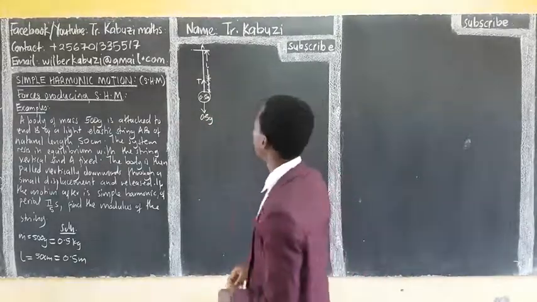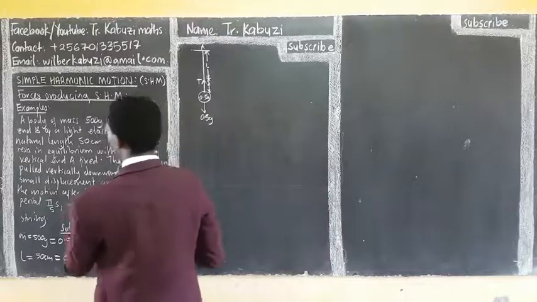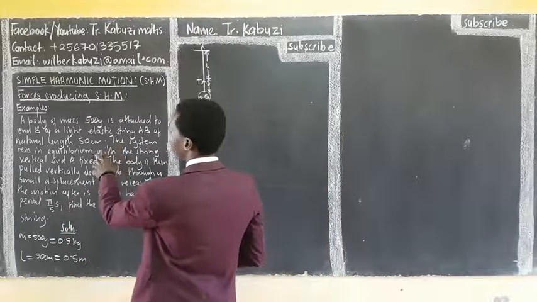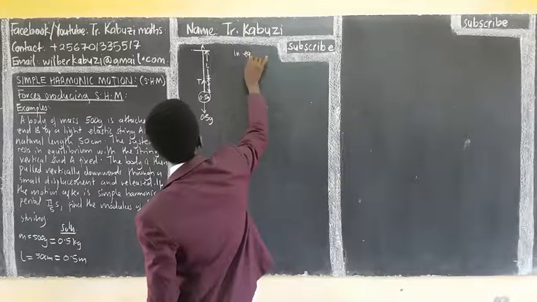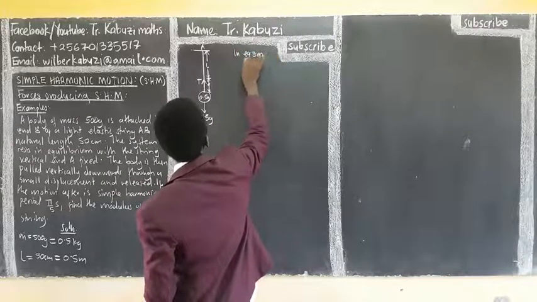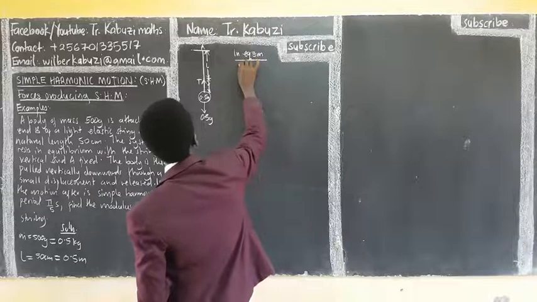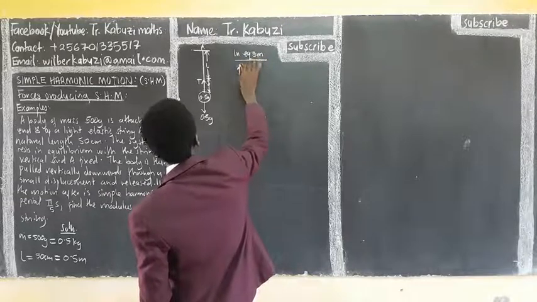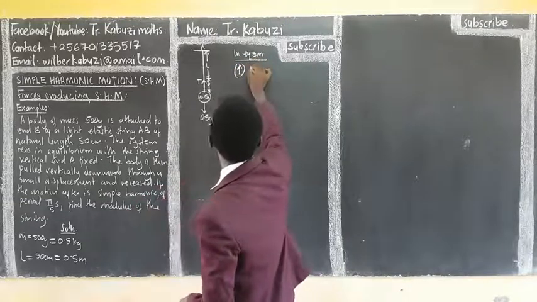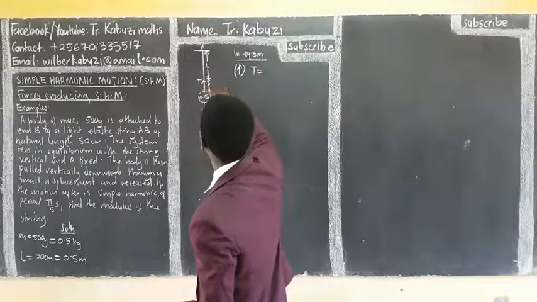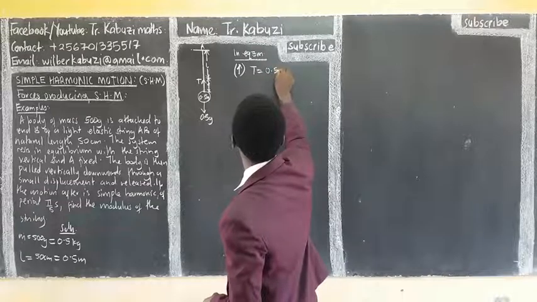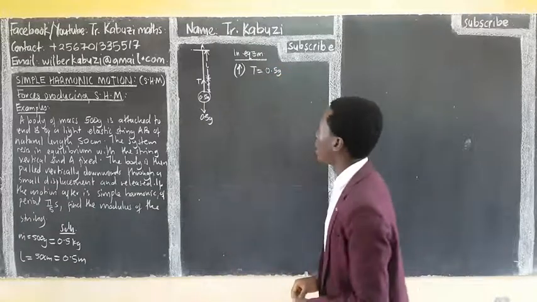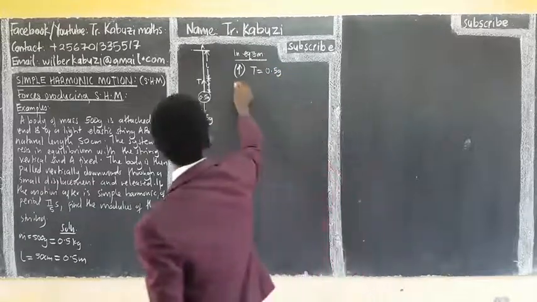Now they are telling us that the particle rests in equilibrium. So in equilibrium, if I resolve vertically upwards, T equals 0.5 g, as these forces are balancing. Now I move to Hooke's law.